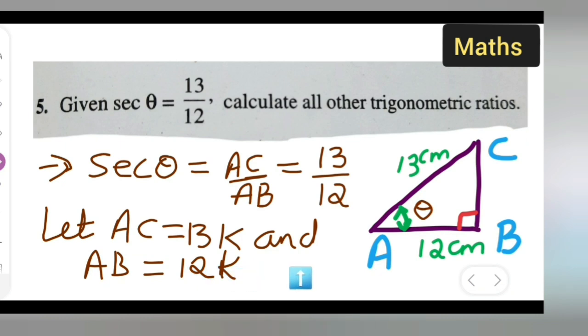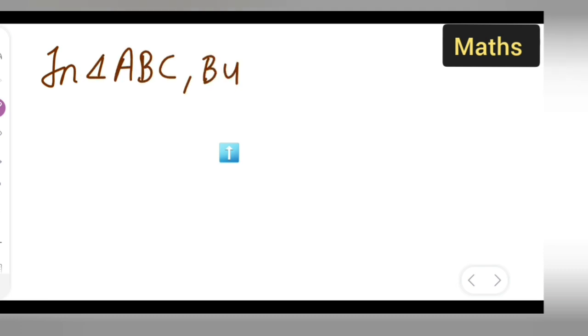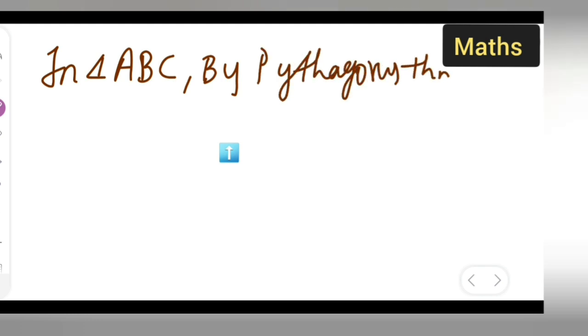Now we are applying the Pythagoras theorem. In triangle ABC, by Pythagoras theorem, what is the formula?